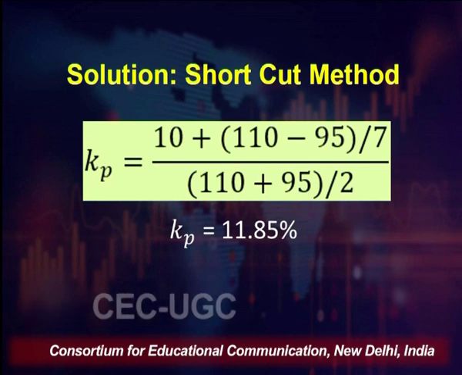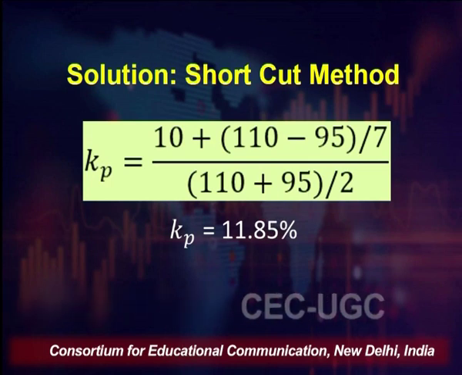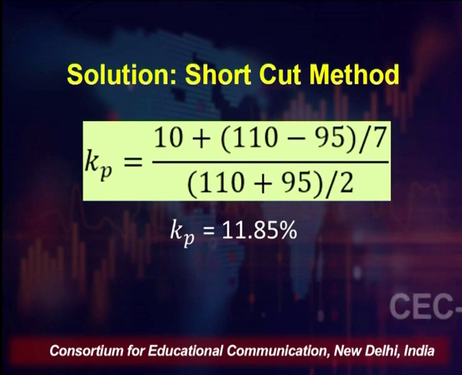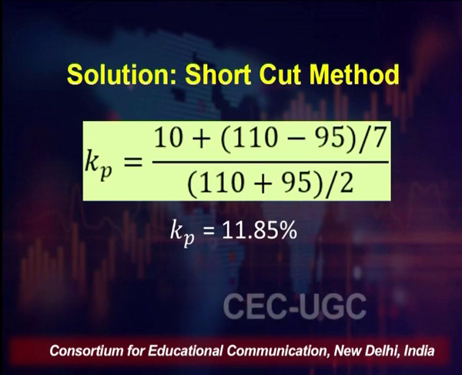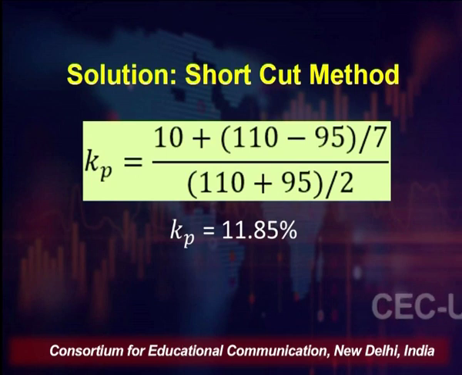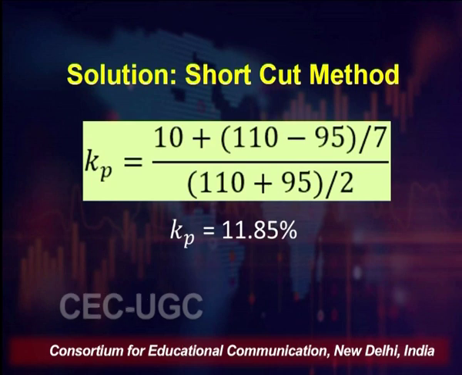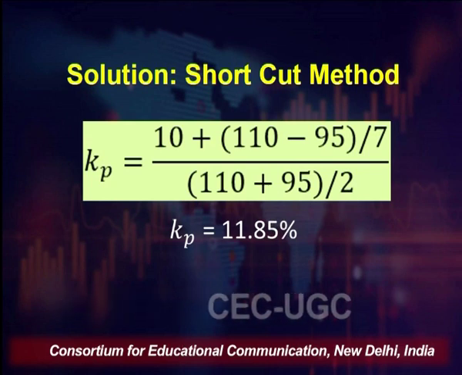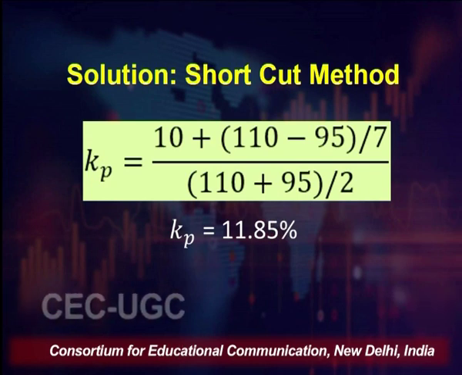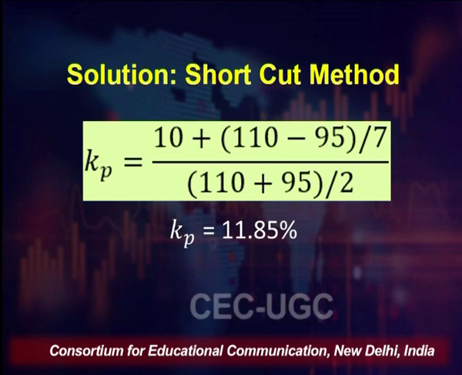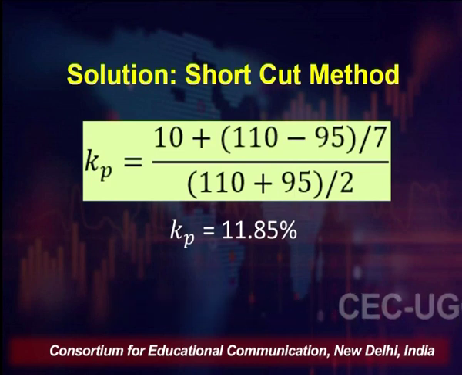10, which is the rate of preference dividend, 10% of rupees 100, plus we will start the bracket 110, because the shares are issued at 10% premium. This is the redeemable value of preference shares, minus 95, that is 100 minus 5% flotation cost, 95, and the bracket will close and the amount will be divided by 7, because the time period for which these preference shares are issued is 7, and the whole numerator will be divided by 110 plus 95 divided by 2.